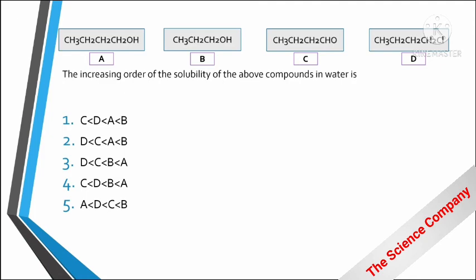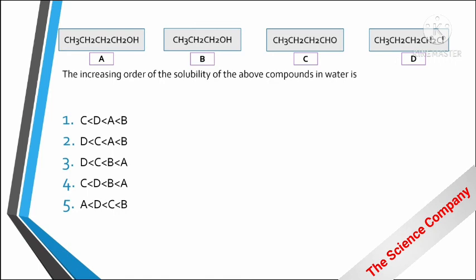So when we organize this in ascending order, the least soluble one is D, the alkyl chloride, and the next one is C because it can act as a hydrogen bond acceptor, not the donor, so it is less polar compared to the alcohols.